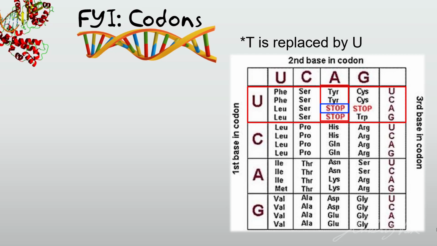That means no more amino acid will be added to the polypeptide chain. So again, if you do not understand this, don't worry, it is totally not in your syllabus. It is here just in case you are wondering how the combination leads to the 20 amino acids.